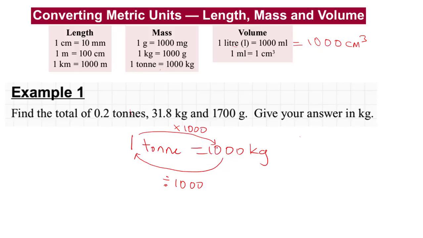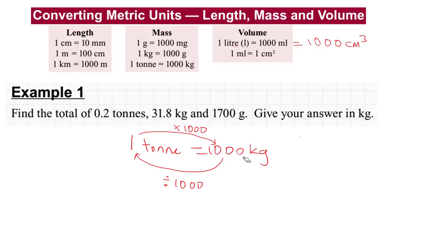Okay. Right. So what you need to do here, I want to change from 0.2 tons to kilograms. Now, look at the conversion. From 1 ton to kilograms, you go to times by 1,000. So this 0.2, you're going to times it by 1,000 because you're changing from ton to kilogram.